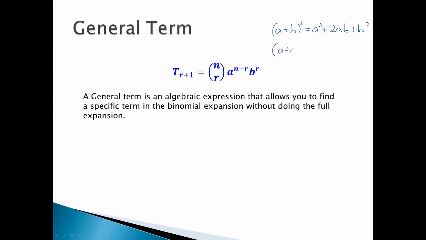And therefore, when the power is 3, you have 4 terms. And if the power is 4, you should have 5 terms. All right, so there's always one more term than the power of the binomial. So we always put T r plus 1. And n choose r, we'll talk about that later.